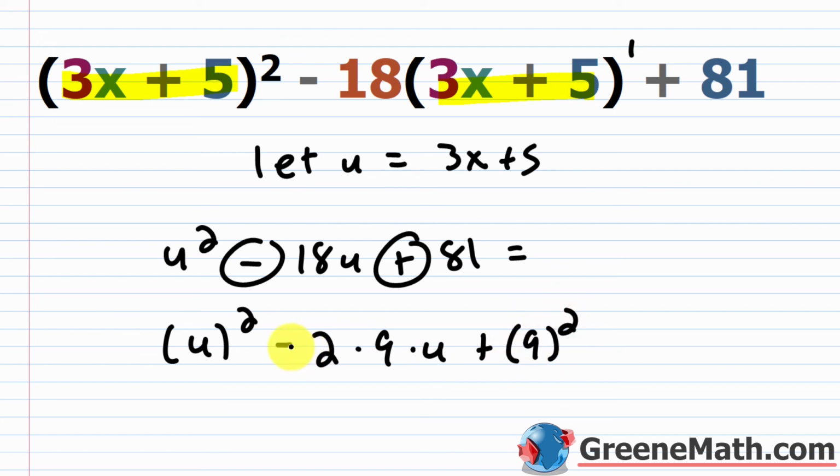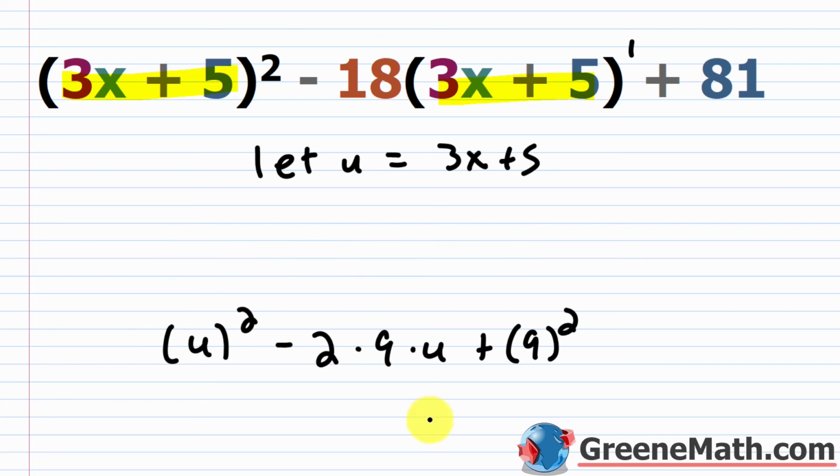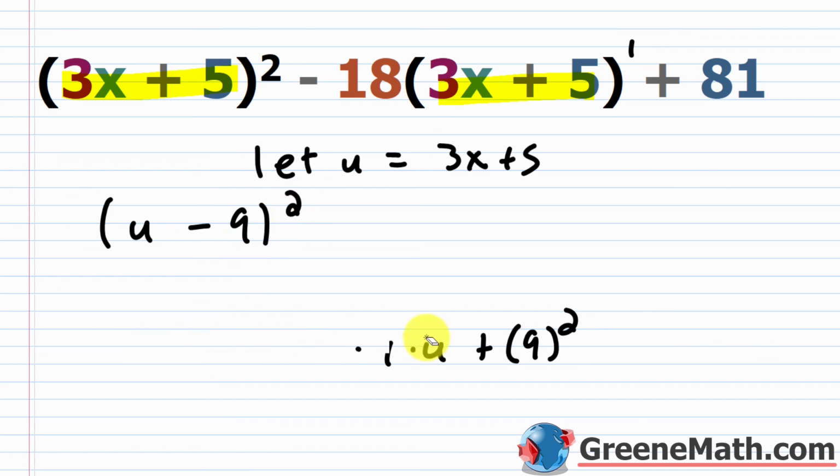Yes, this works out. Negative 2 times 9 is negative 18 times u would be this minus 18u in the middle. And we know the ends work out. So let's go ahead and say that this is going to factor into, I'm just going to do this up here, this is going to factor into this u, first guy being squared, minus this last guy being squared, the 9, quantity squared.